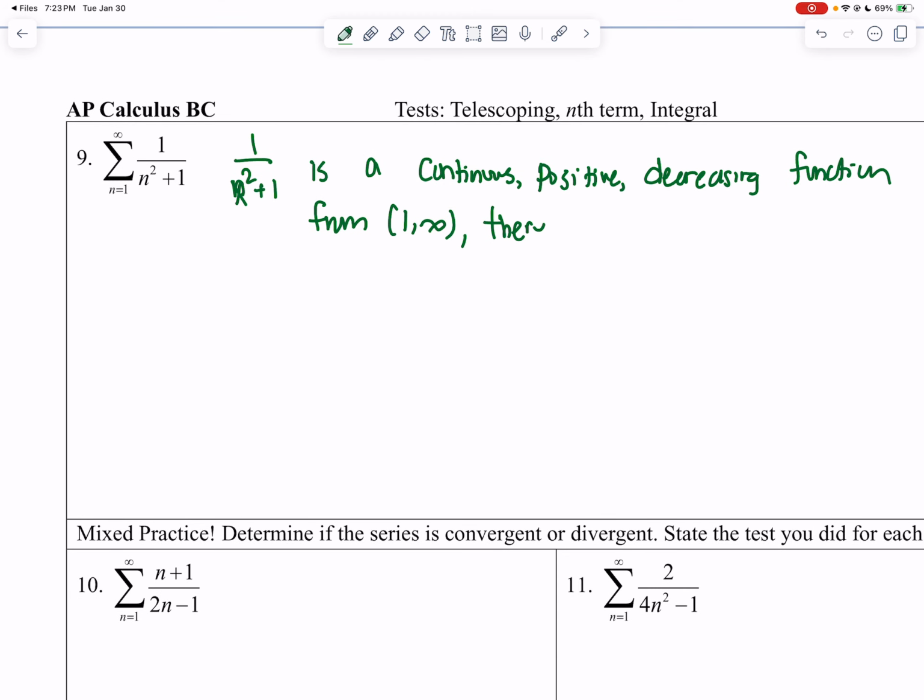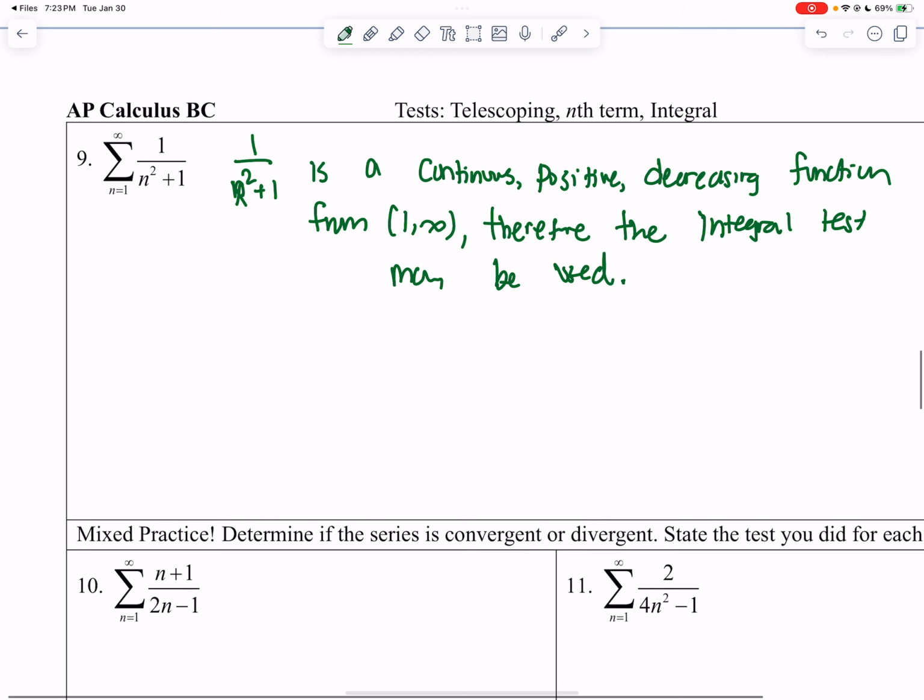Therefore, the integral test may be used. Oh, beautiful. Okay.